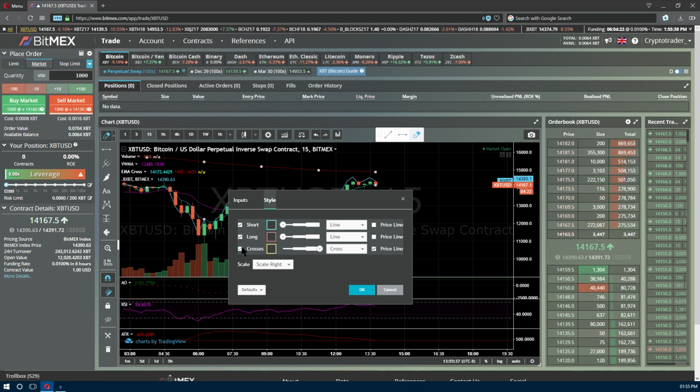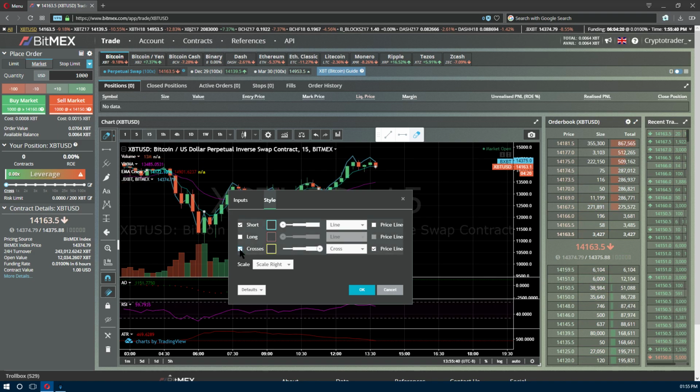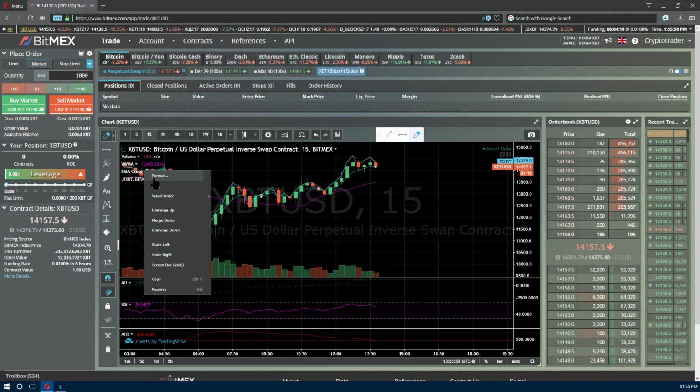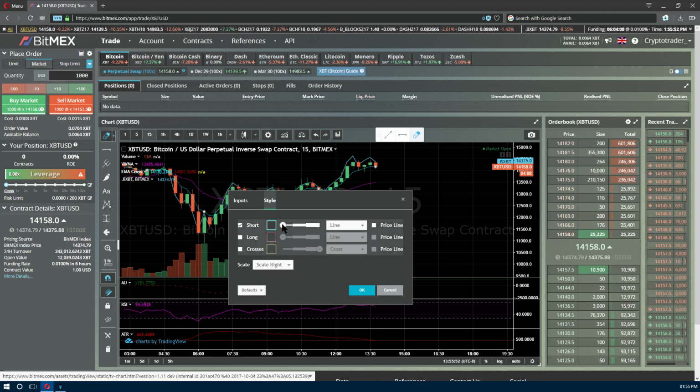Then I'm going to take the crosses and the long off. Wait a minute, let's go back in there and format this thing again. I do want it to be skinny, so I'm going to see what it looks like big. So that's what a skinny one looks like.